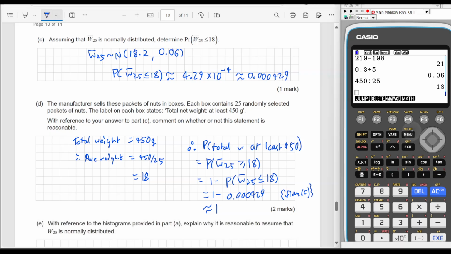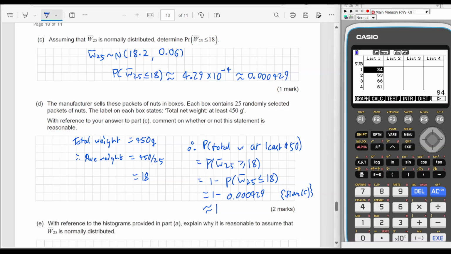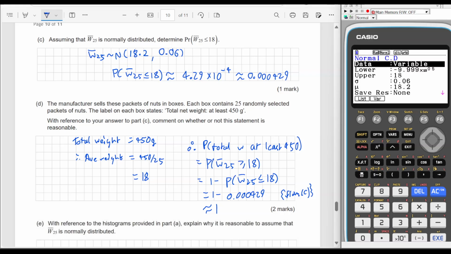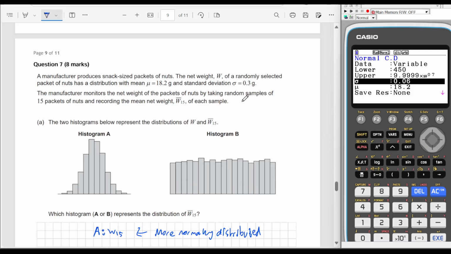Now, if you're asked this question directly, this is a question about S25, not W bar 25, because it's the total weight of 25. So you could go for a normal distribution. We're asking for at least 450. So we're up to 450 and a whole bunch of 9s. The standard deviation for this would be, let's see what the original one is, 0.3 times the square root of 25.